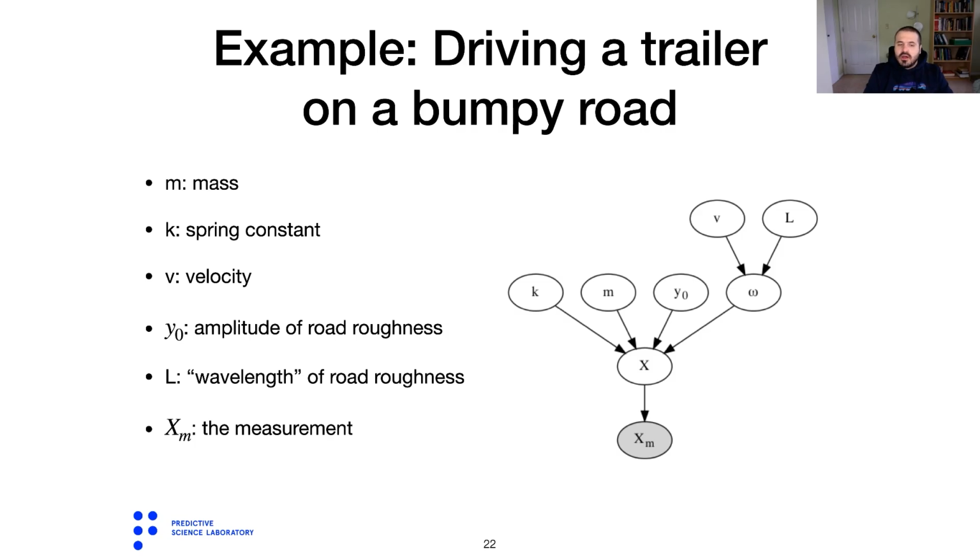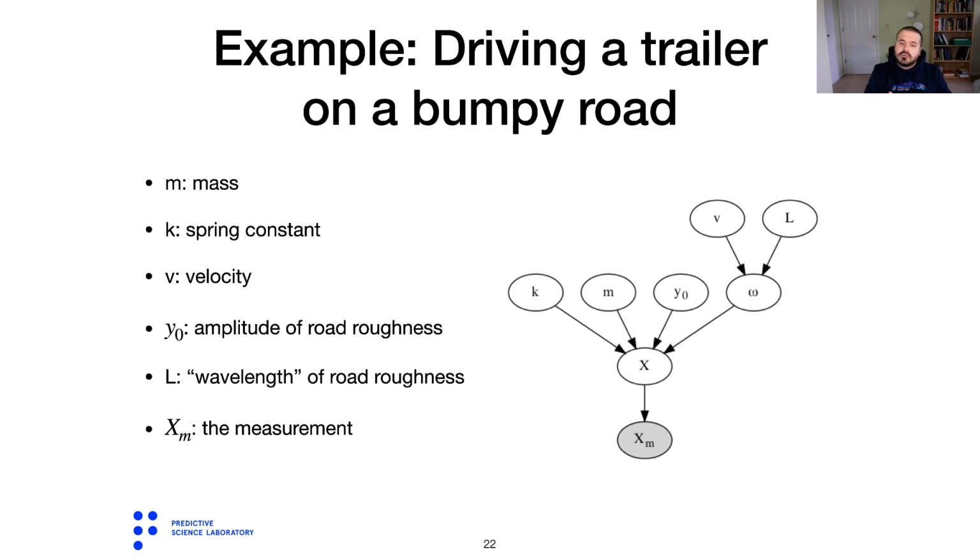Now, the model calibration problem in this example consists of updating your state of knowledge about y naught and l if you see xm. That's pretty much what you want to do. If you have a pretty good idea about k, m, and v, because our uncertainty about them was very tight, then xm will mostly be affected by y naught and l.